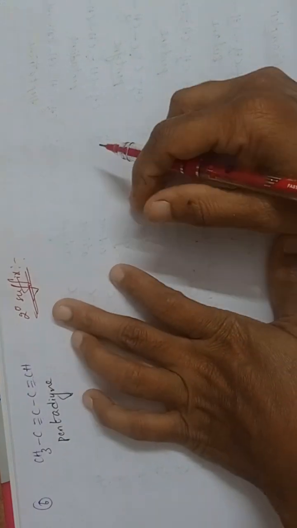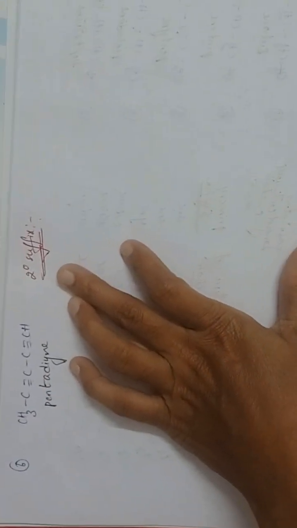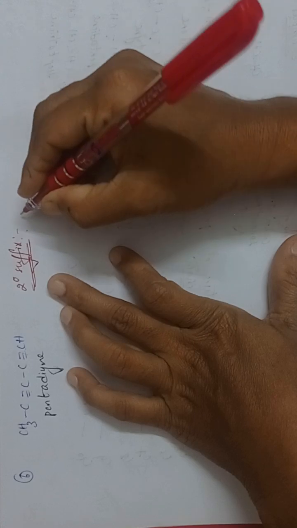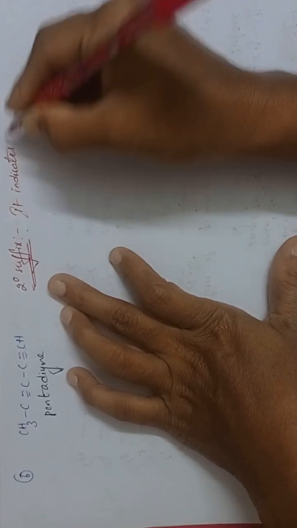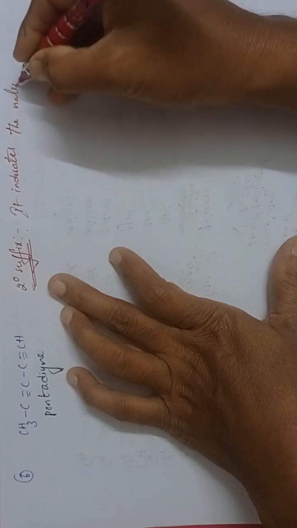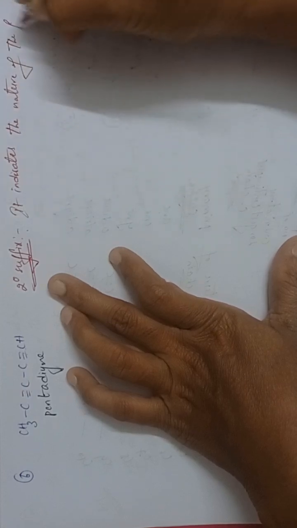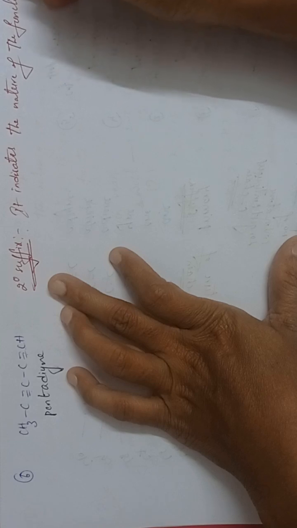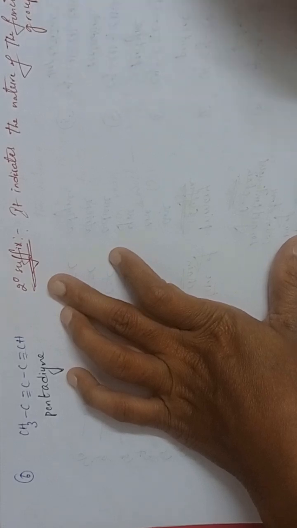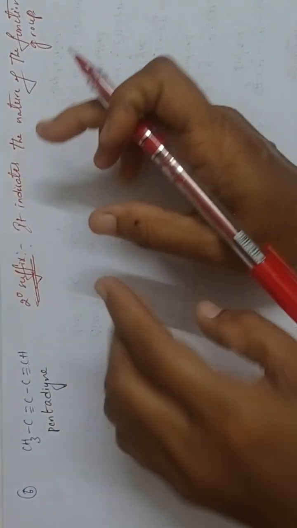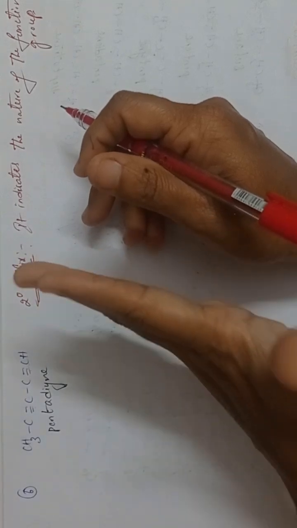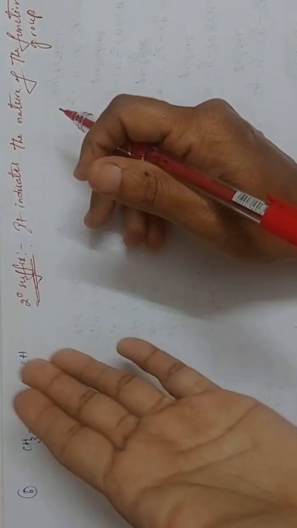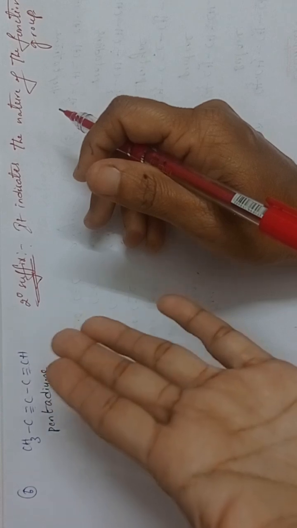Secondary suffix indicates the functional group, the nature of the functional group. Secondary suffix indicates the nature of the functional group, and secondary suffix is always added to the primary suffix, students. Understanding? After the primary suffix, we have to add the secondary suffix.